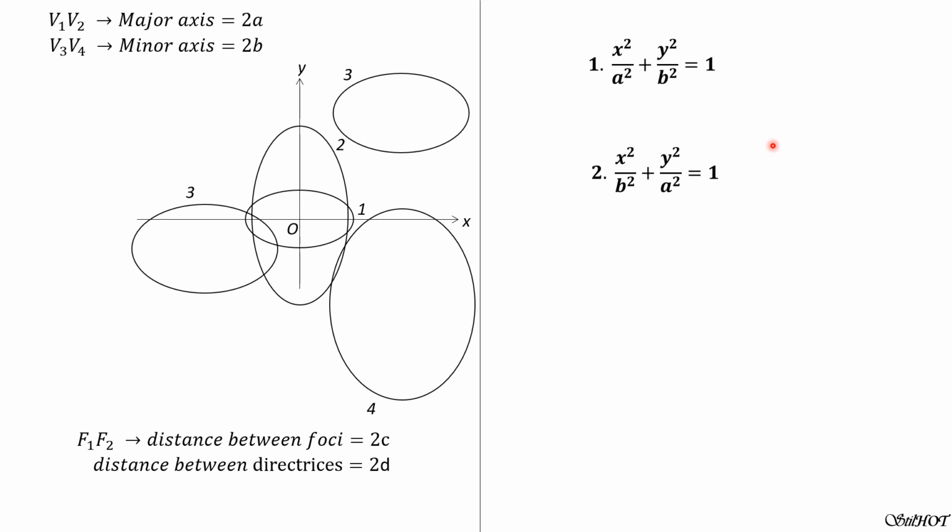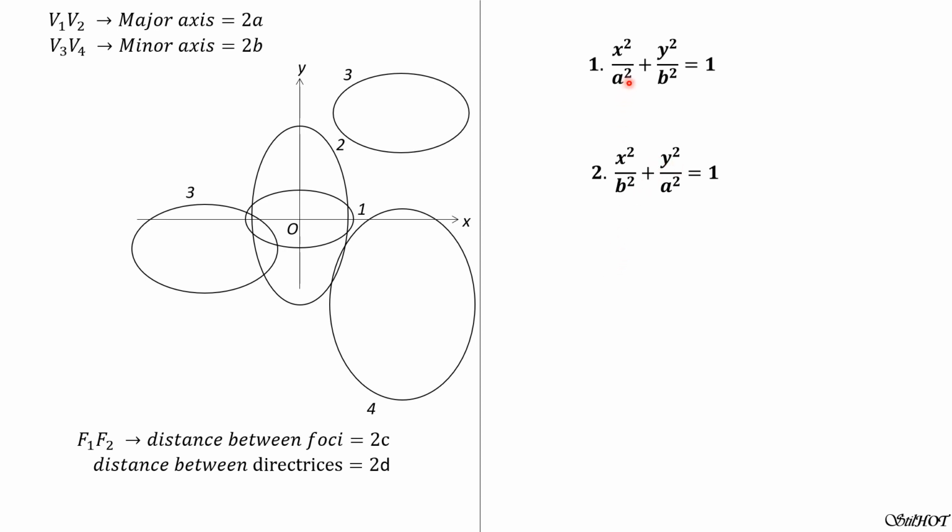So in other words, a squared is under the axis that the major axis is parallel to. So ellipse number 3, because the center is now at h comma k, the major axis is parallel to the x-axis. So we just replace x by x minus h in general, then y by y minus k.